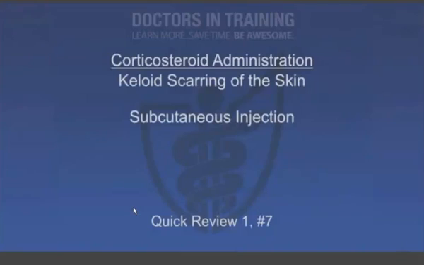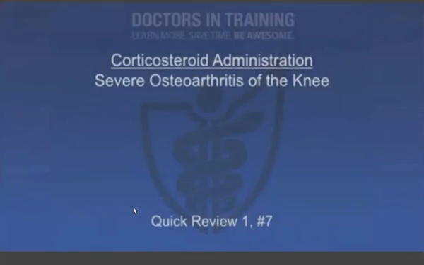So corticosteroids can inhibit the deposition of collagen and reduce the size of that keloid scarring. This is a subcutaneous injection. So you can subcutaneously inject corticosteroids into the keloid. Systemic administration, oral administration, is not going to help. You need to get it right to the place where the problem is in this instance.